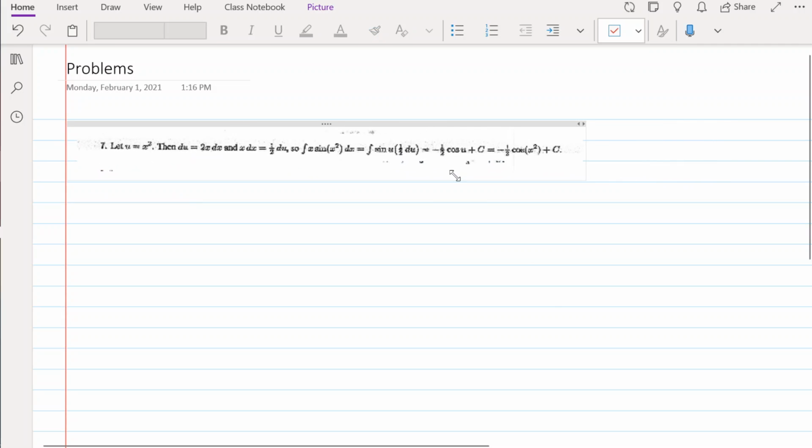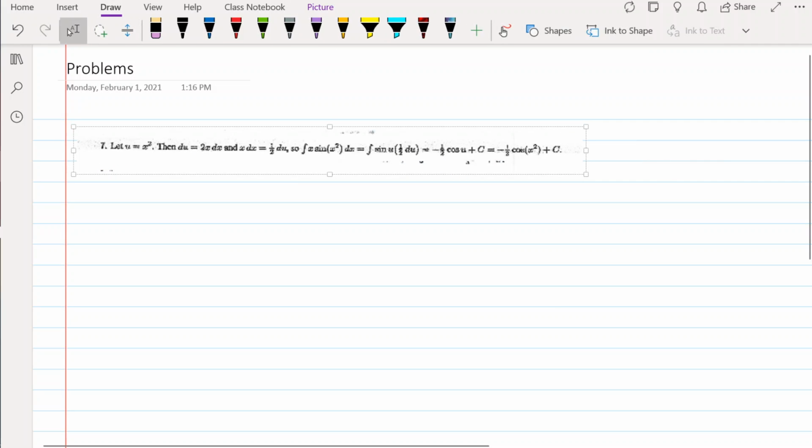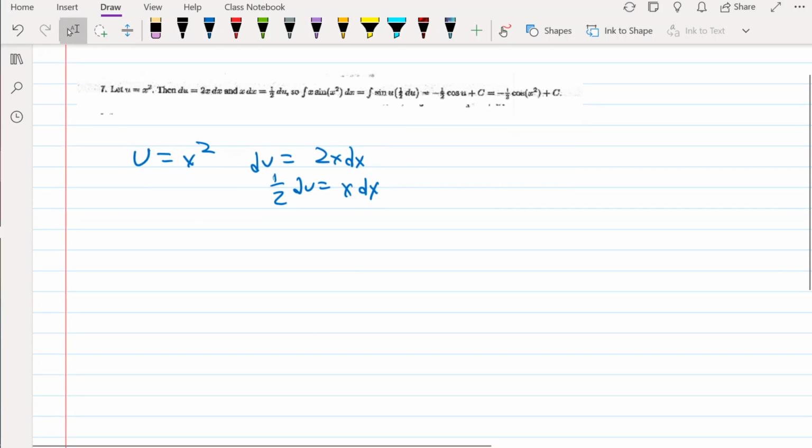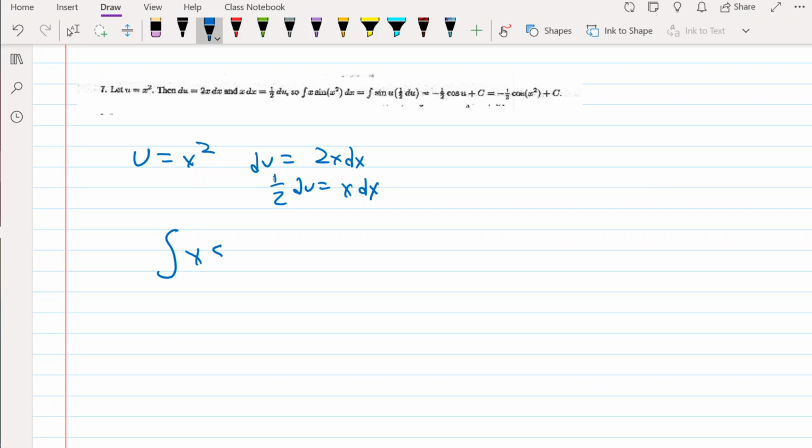It's a little hard to read, so we're going to have u equal to x squared, and then du equal to 2x dx, and then 1/2 du equals x dx. This is for the function x sine of x squared dx.